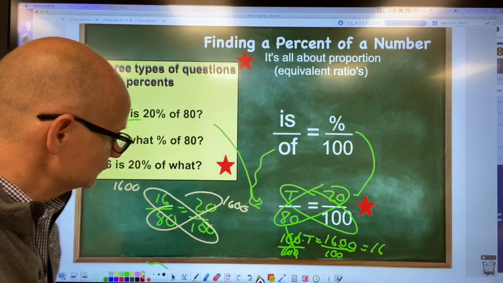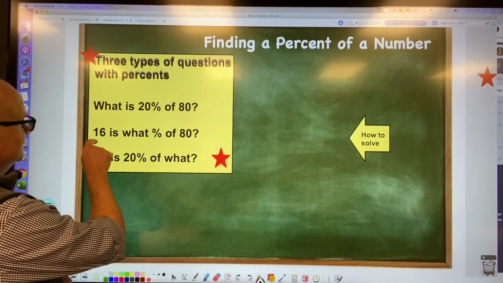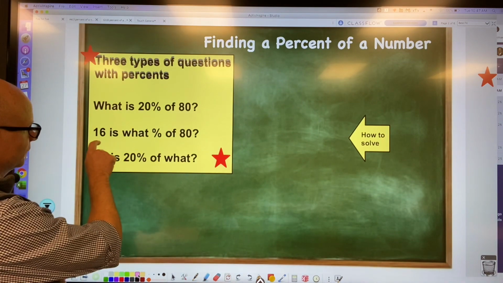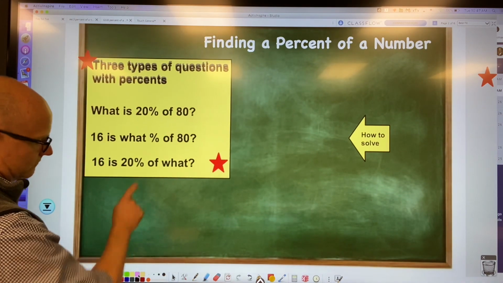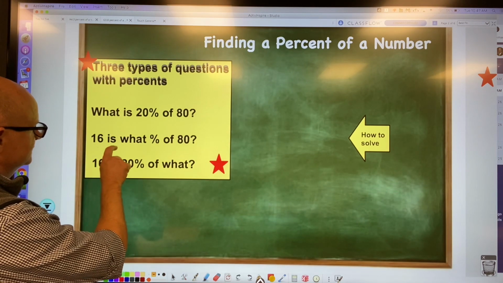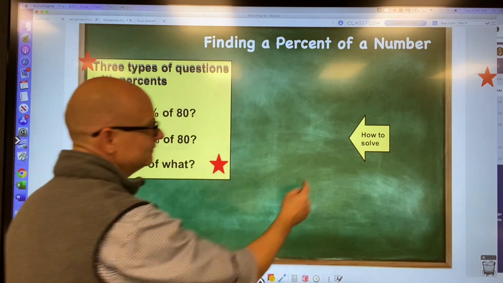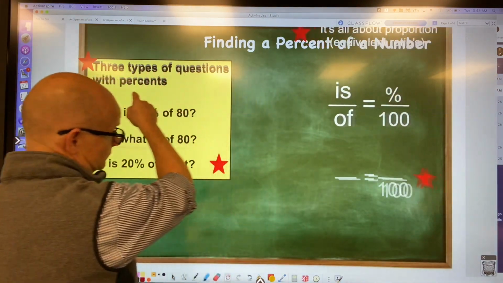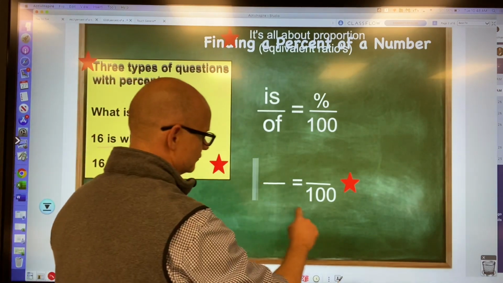Okay? So let's look at this again. What if the question says, now this time it's a little worded differently, 16 is what percent of 80? So again, the very first thing you want to do is you're trying to fill in this part right here.